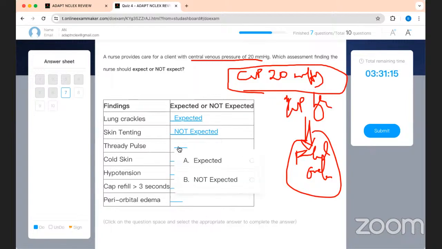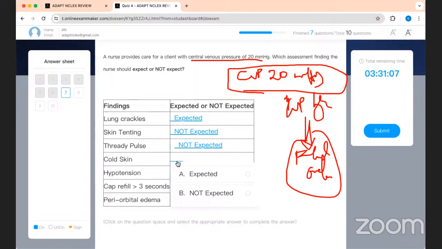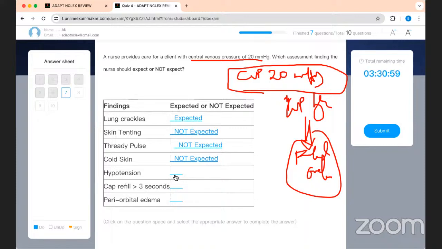Thready pulse, no, your pulse should be bounding, so it's not expected. Your skin is cold, no, it should be warm. Hypotension, guess what? You know the answer. What do you think the blood pressure is going to look like when you're fluid overloaded? Capillary refill greater than 3 seconds.